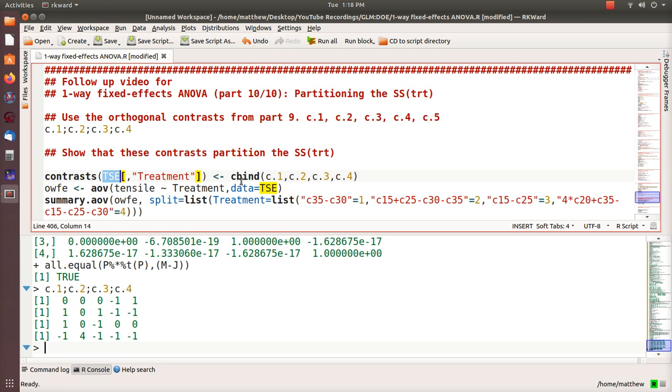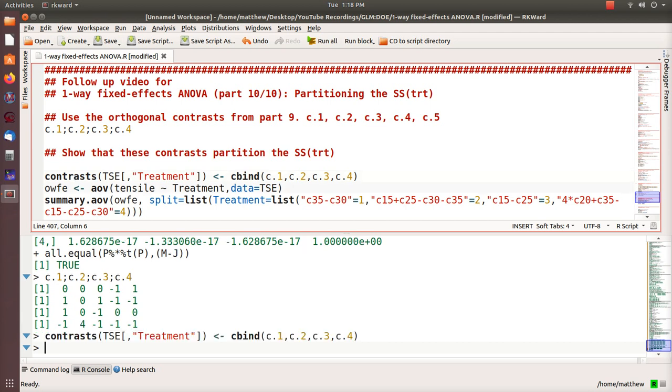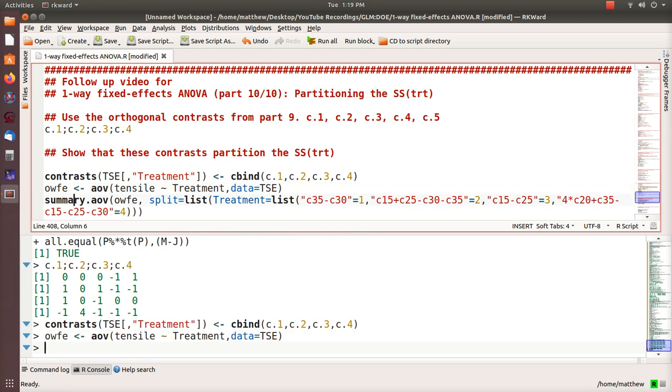Once we load these contrasts into the attribute for that factor variable, we rerun our ANOVA, tensile strength by treatment. So it's a one-way fixed effects ANOVA. We're using data set TSE, and I store it in a variable OWFE, which stands for one-way fixed effects.